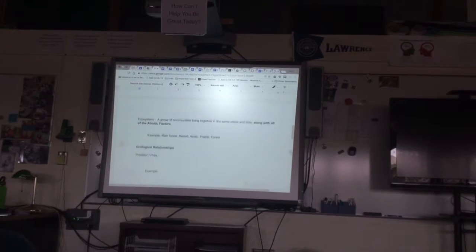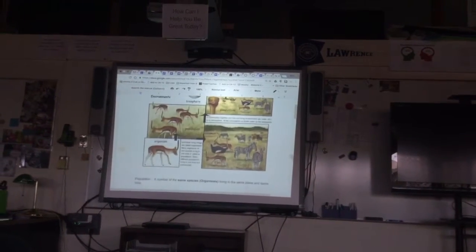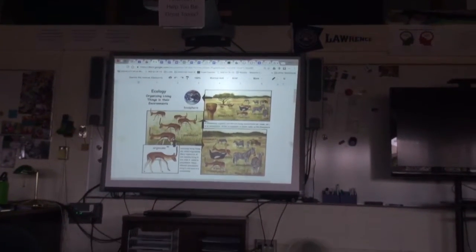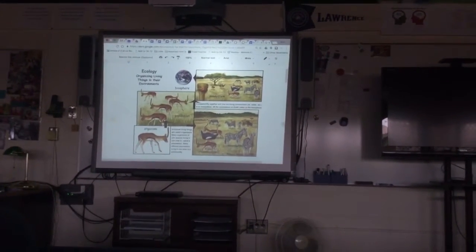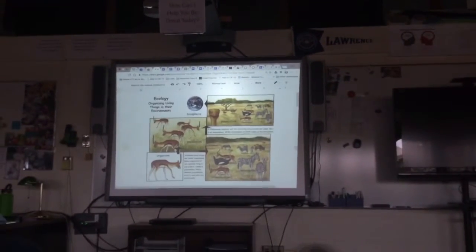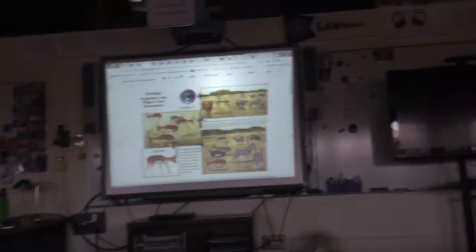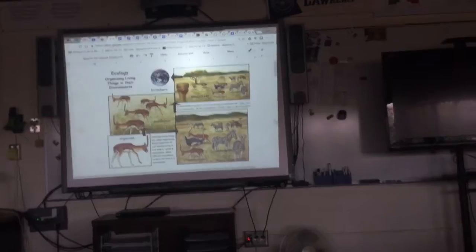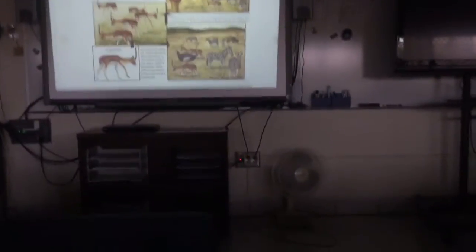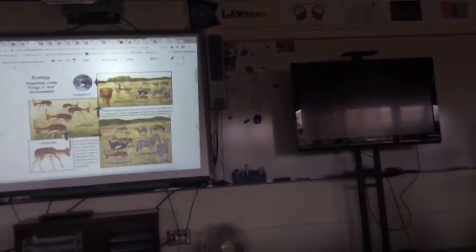So as we go back and look at our picture, we're seeing that as we go from our individual organism to a population, a group of the same species, to then a community where now we're looking at ostriches and zebras and gazelles, and that's probably a wildebeest or something like that.